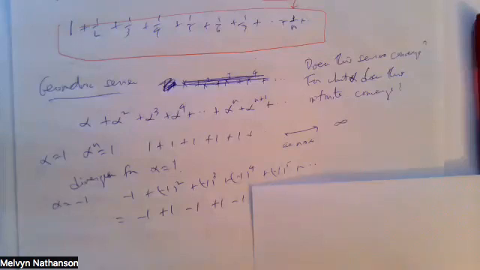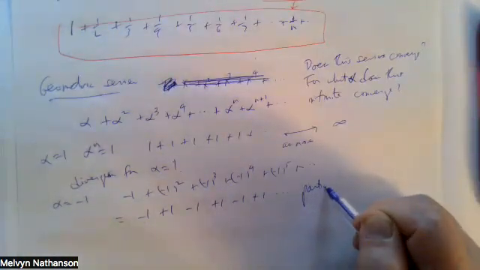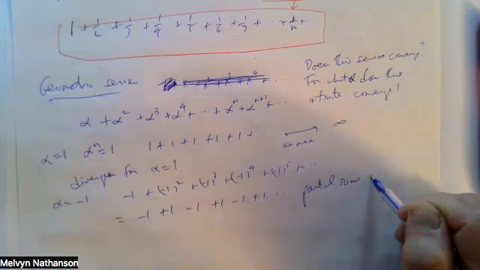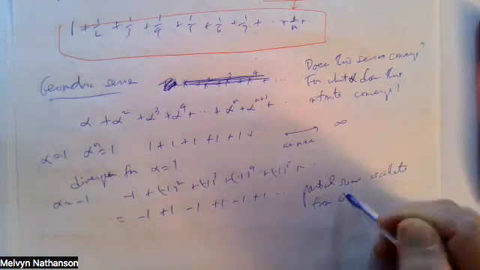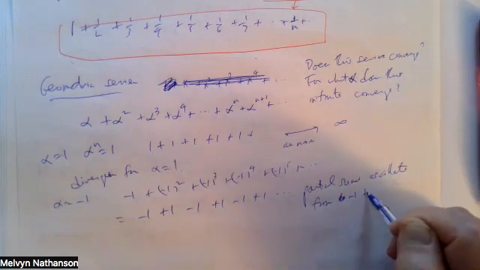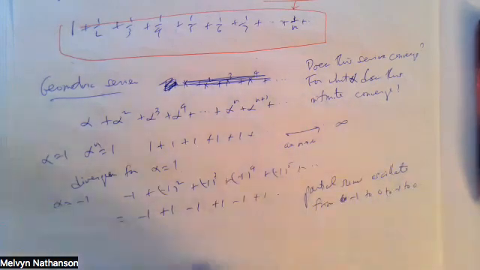The first 5 terms add up to -1. The first 6 terms add up to 0. So the partial sums oscillate from -1 to 0 to -1 to 0 and so on forever.